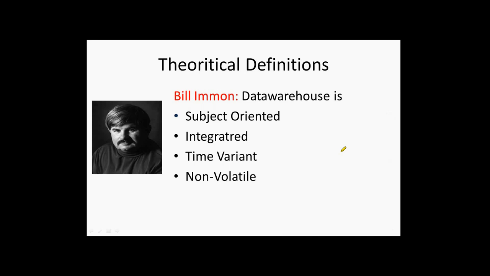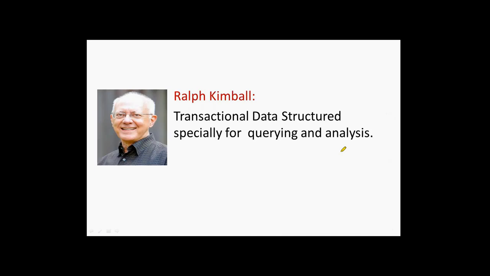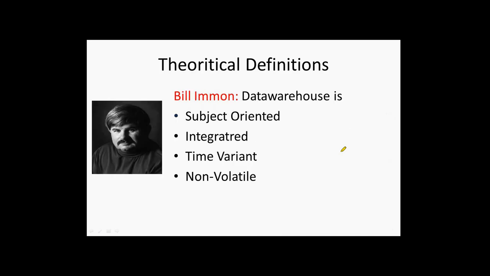We have two people, Bill Inmon and Ralph Kimball. In data warehousing, they call these two people the fathers of data warehouse. As per Bill Inmon, a data warehouse is subject oriented, integrated, time variant, and non volatile.